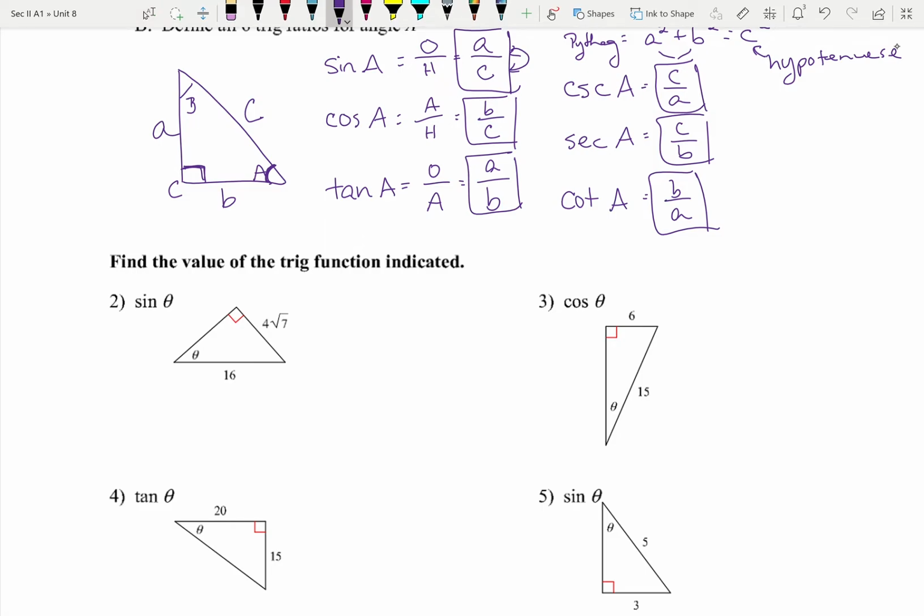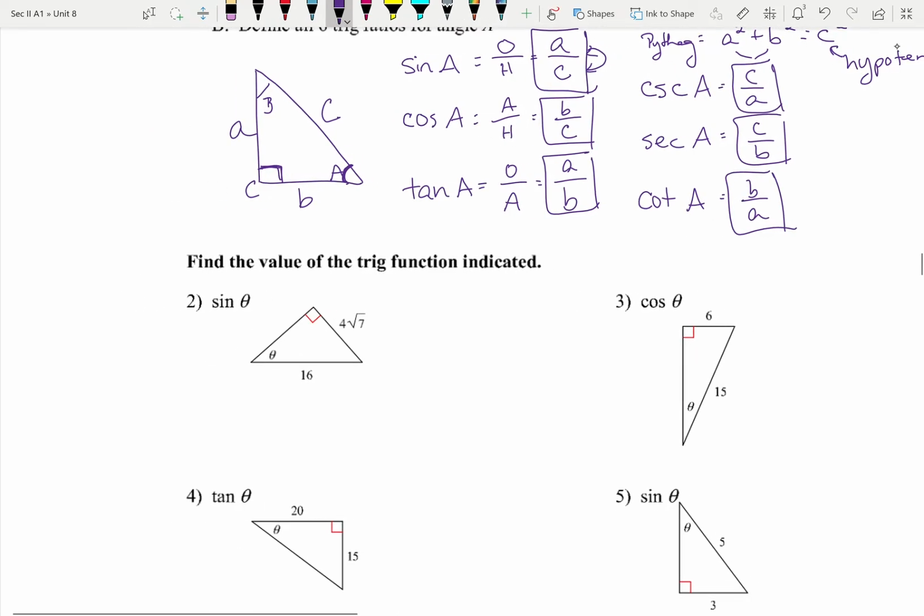So here when it says find the value of the trig function indicated, sine of theta. So my first thing I need to do, okay, so if I were to draw little steps here, step 1 is identify the opposite, the adjacent, and the hypotenuse.